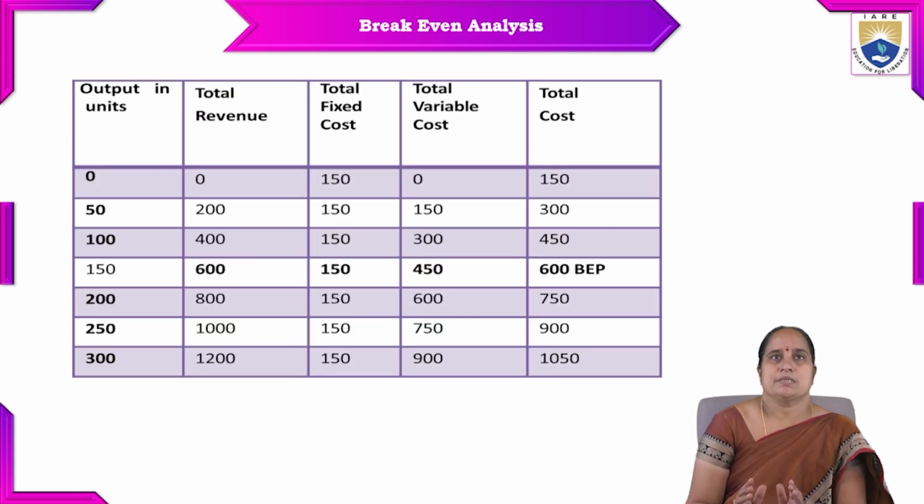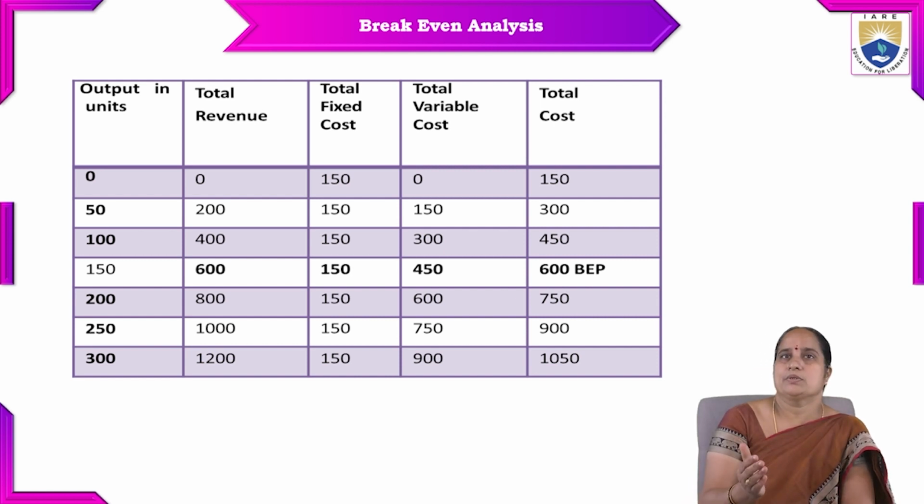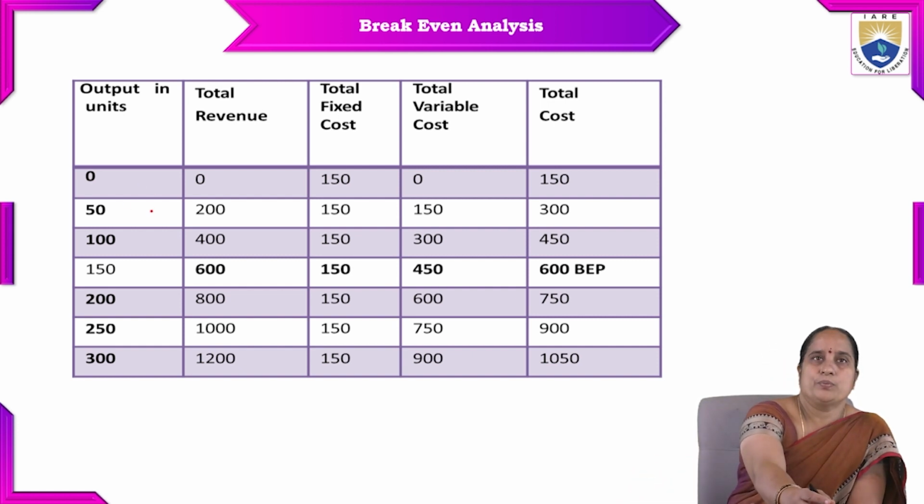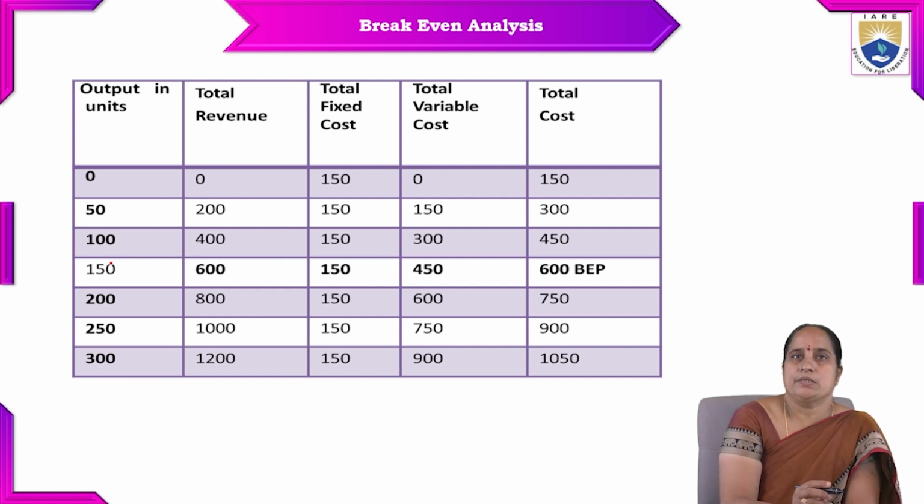If you see this table, it shows the output in units, total revenue, total fixed cost, total variable cost, and total cost. Initially the output in units is zero. As the output is zero, there is no total revenue, but whatever amount is spent on fixed assets remains the same, 150, at all levels. Variable cost is also zero because there is no output.